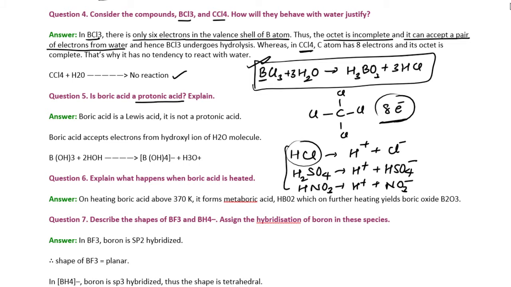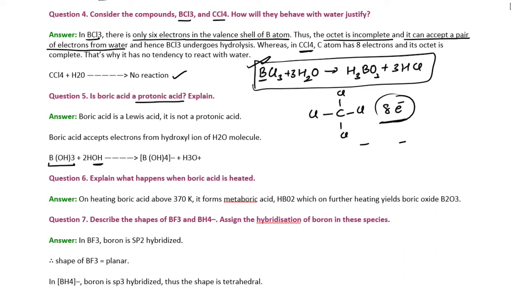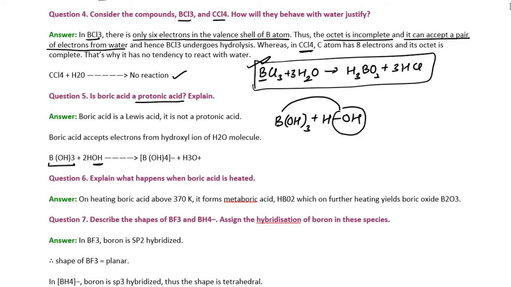But when you talk about boric acid, it will not give H plus ion. Rather, it accepts OH negative ion from water. B(OH)3, see, is deficient of electrons, so it can accept OH negative from water.